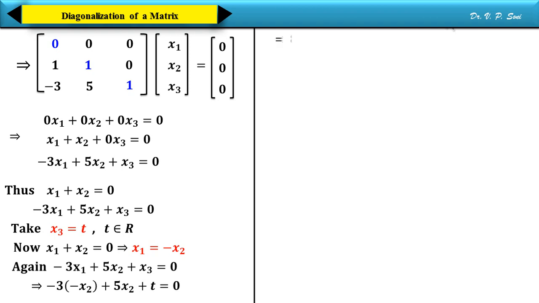This implies 8x2 equal to minus t. This implies x2 equal to minus t by 8. Again x1 equal to minus x2. This implies x1 equal to t by 8.